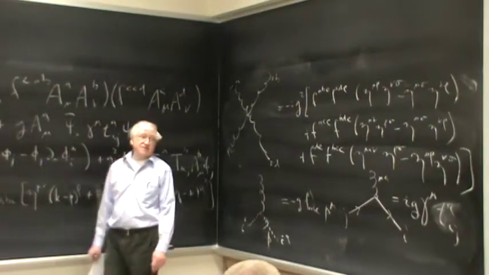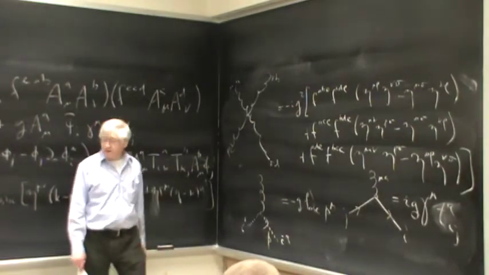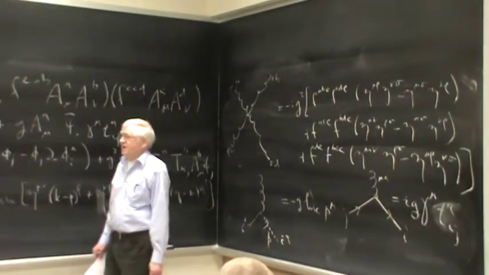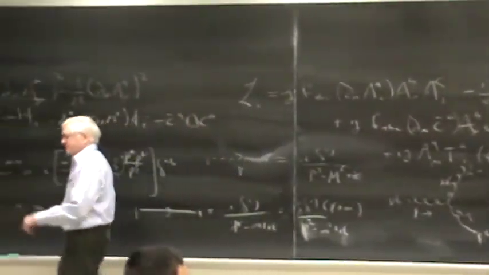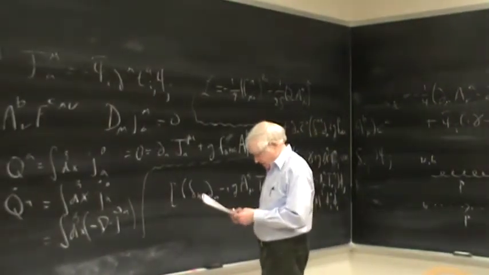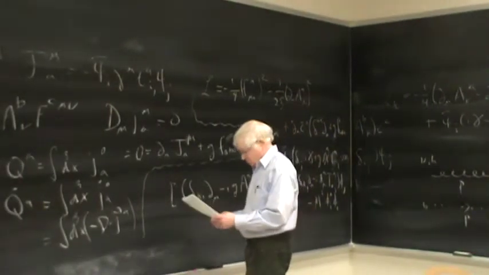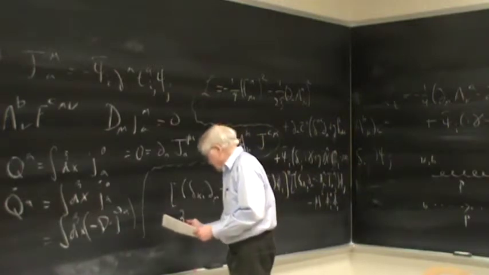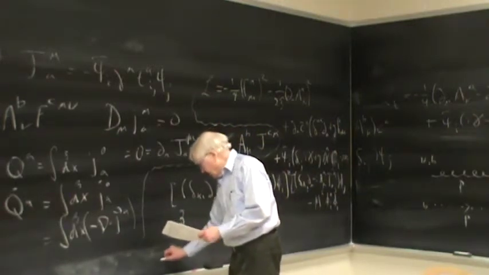And then finally there are the scalar vertices. Let me see, the scalars are not all that important. Let me save some blackboard space. I'm going to write the scalar vertices over here. So there are just two of them. One is the gluon comes down.